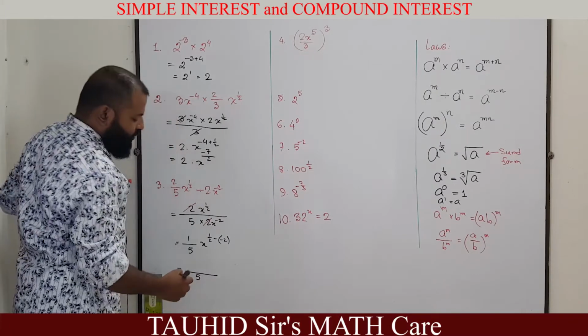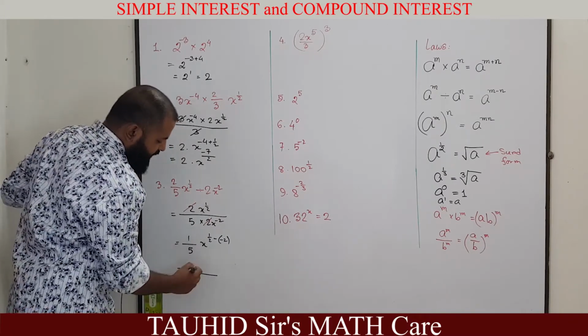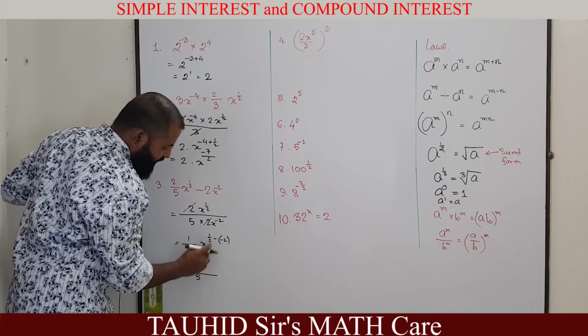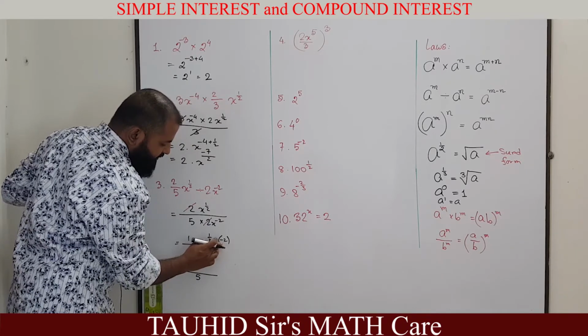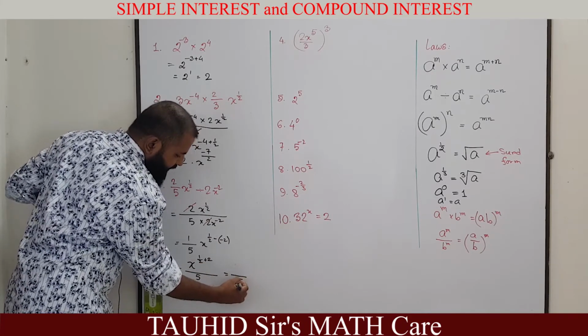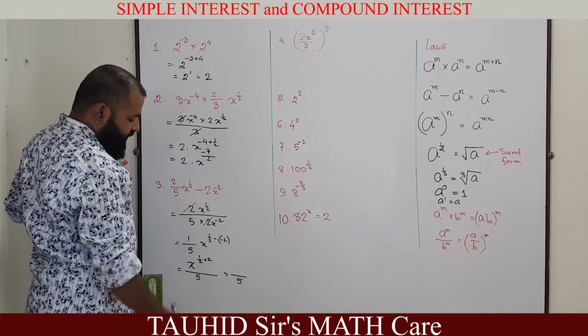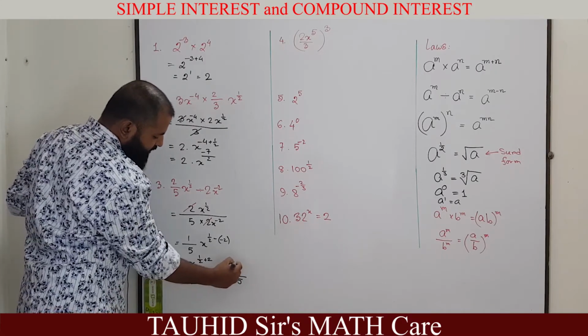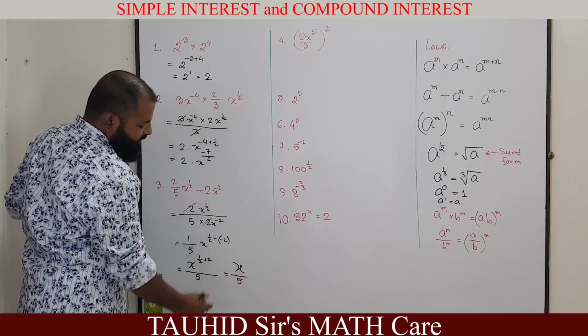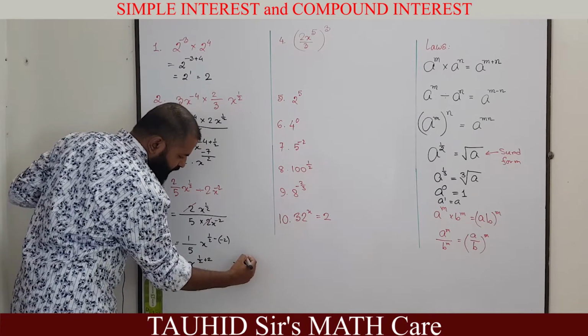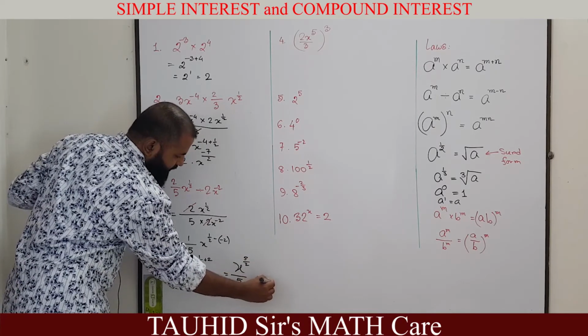So in denominator we can write 5, and in numerator we can write x to the power half plus 2. That means in denominator we can see a 5, and in numerator x to the power half plus 2, that means 5 by 2. This is our answer.